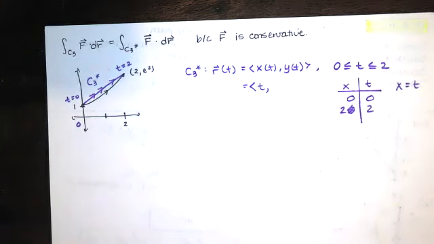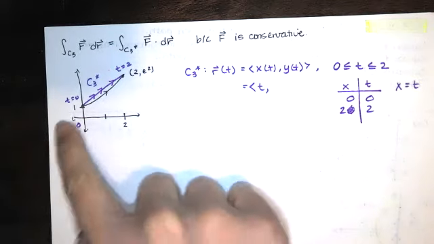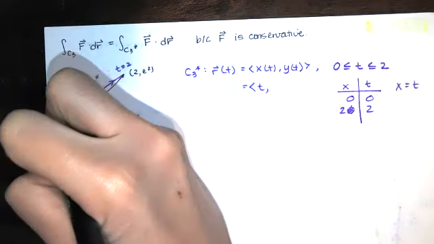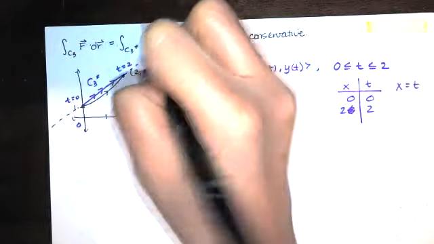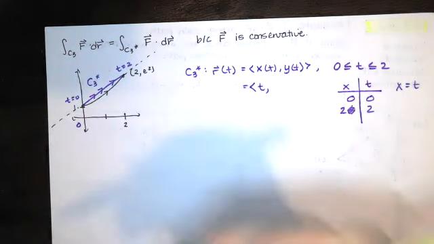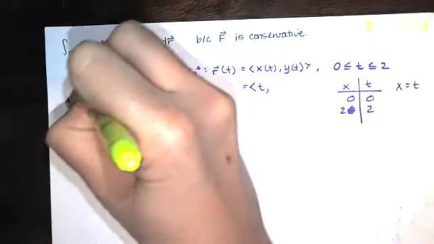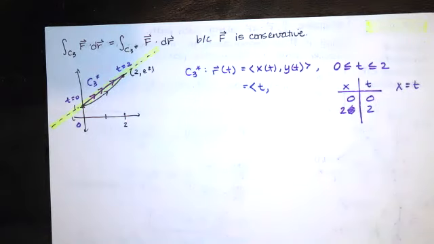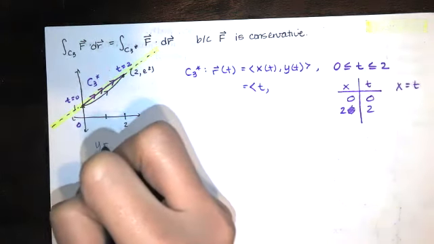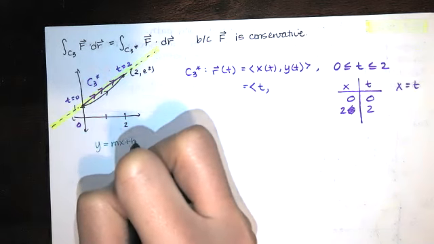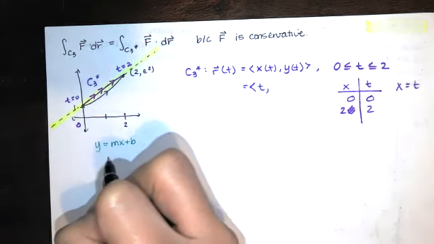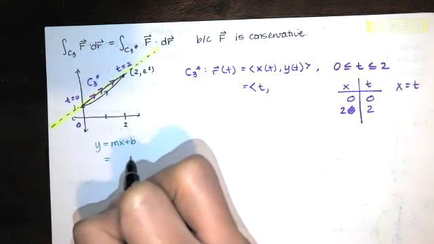Okay. Now to find the equation for y, we just need to find the equation of this line. And that's easy enough to do. It's just y equals mx plus b. The y-intercept is 1, so b is 1.